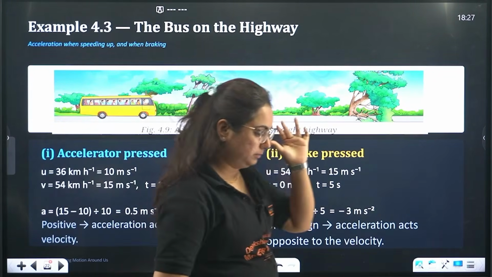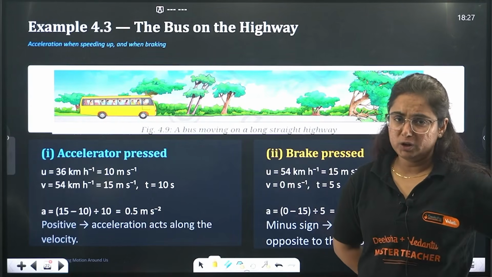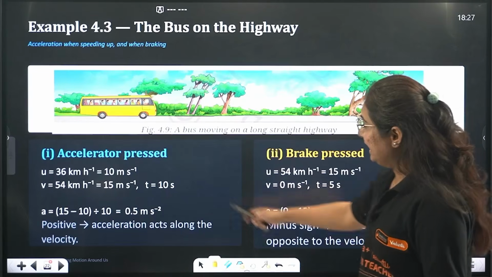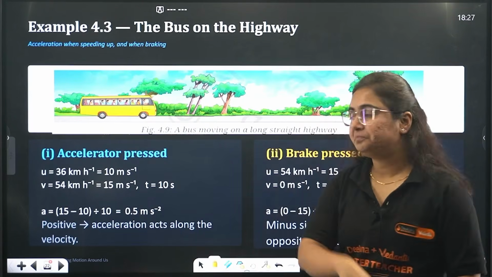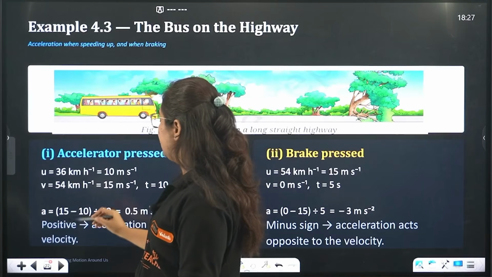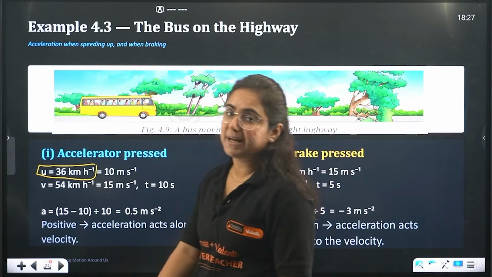So now, you're heading toward your school in this bus with no mood to go to school, but anyhow you have to go. So you're sitting in this bus, beta, and you were moving at an initial velocity of 36 km per hour.